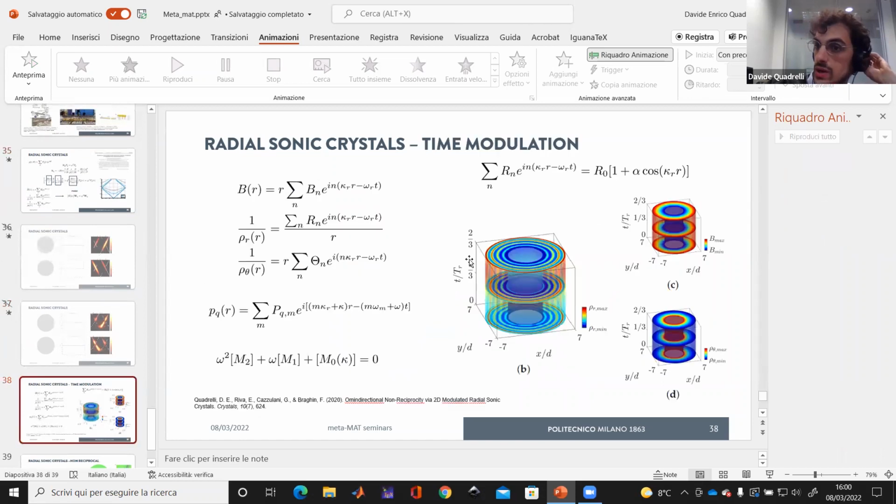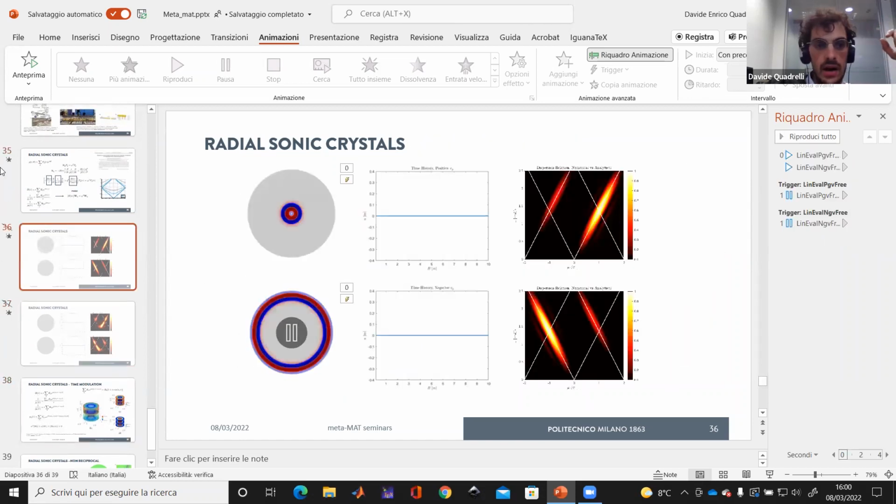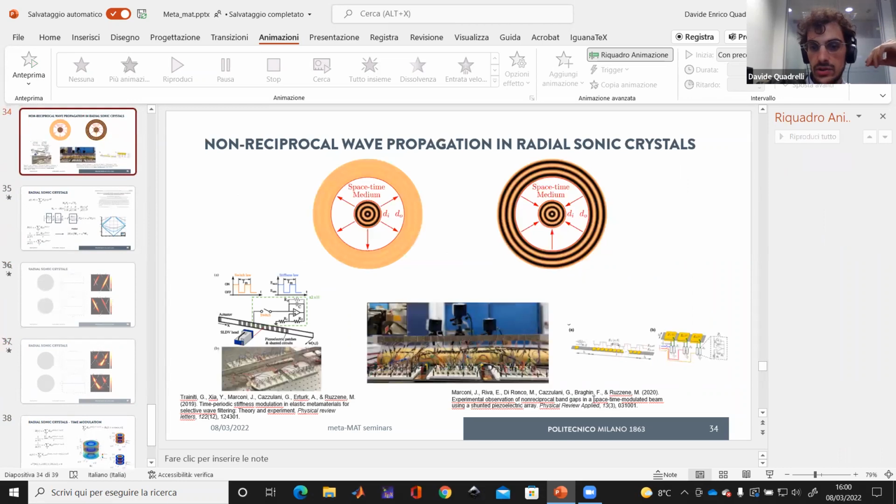And what we thought is, we were introduced to non-reciprocal wave propagation as a group a couple of years ago by Professor Ruzzene, who works on beams with modulation in space.